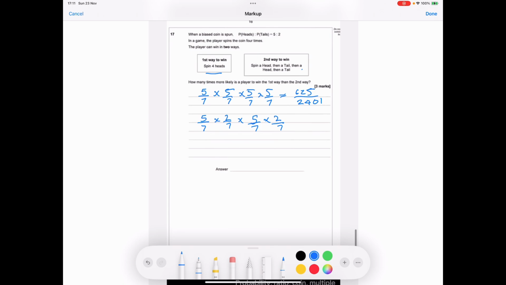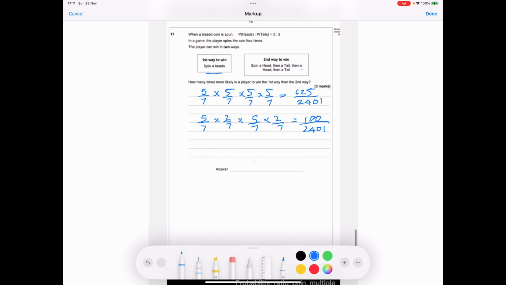So then it's 5/7, sorry, I just had to think about that. 5/7 times 2/7 times 5/7 times 2/7 equals 100 over 2401.